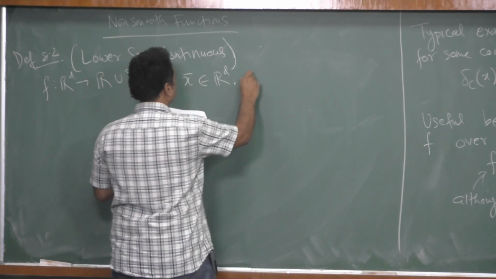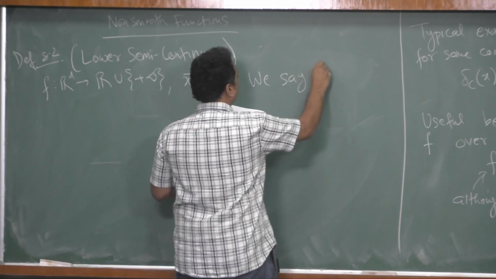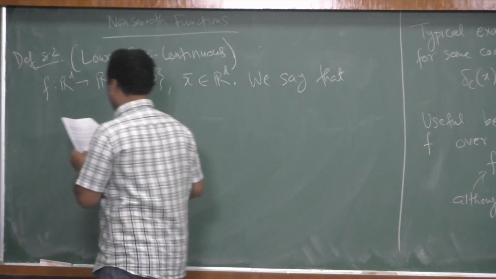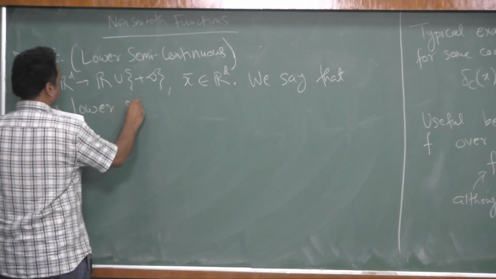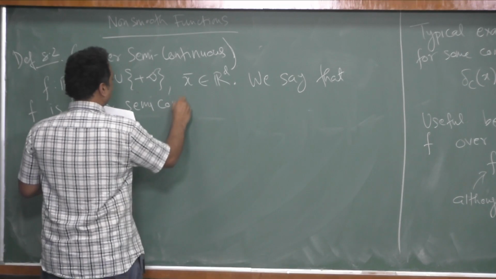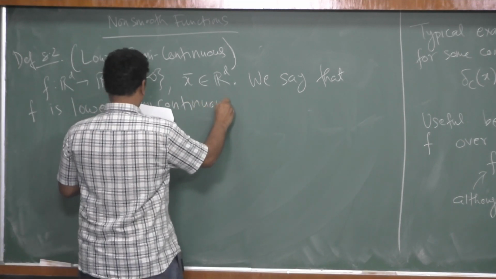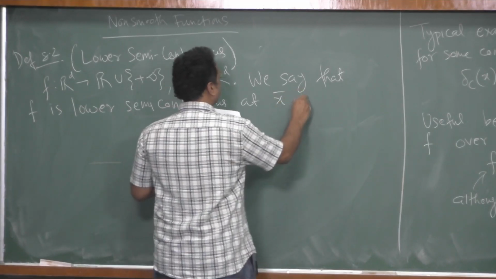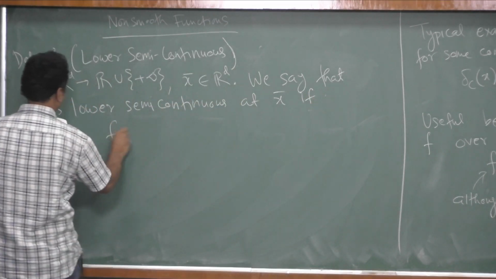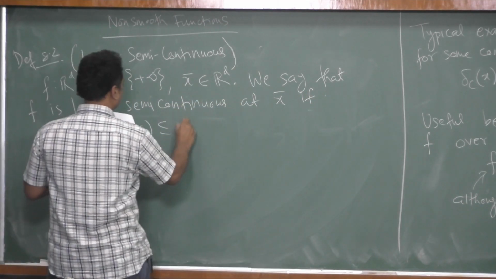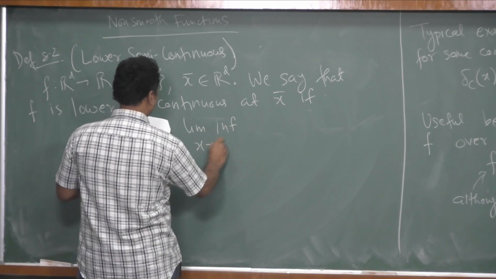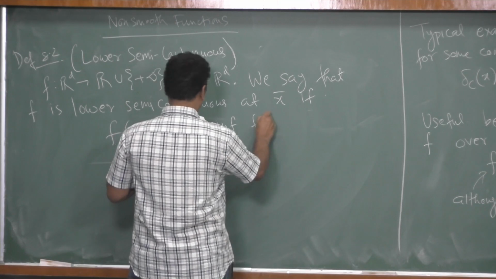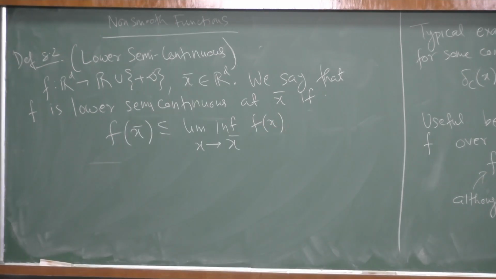So we say that f is lower semi-continuous at x bar if we have f(x bar) is less than or equal to the limit infimum of f(x) as x goes to x bar. So that's the definition of lower semi-continuous.